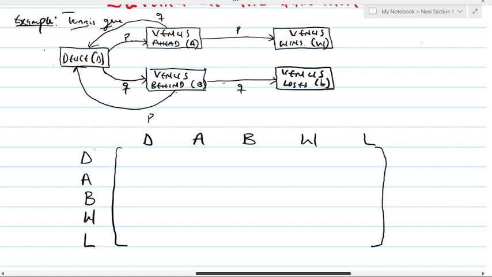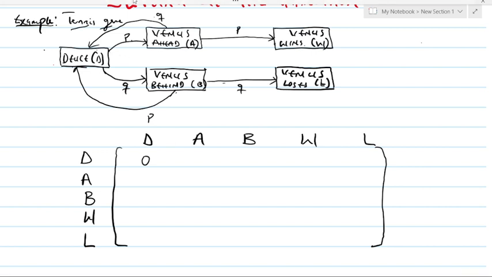Alright, so let's now construct the transition matrix properly. From D to D, there's not any arrow moving from D to D, so here we have 0. From D to A, is there any arrow?